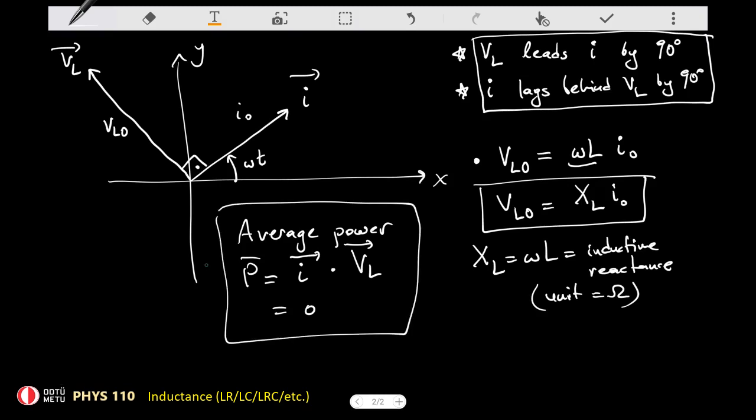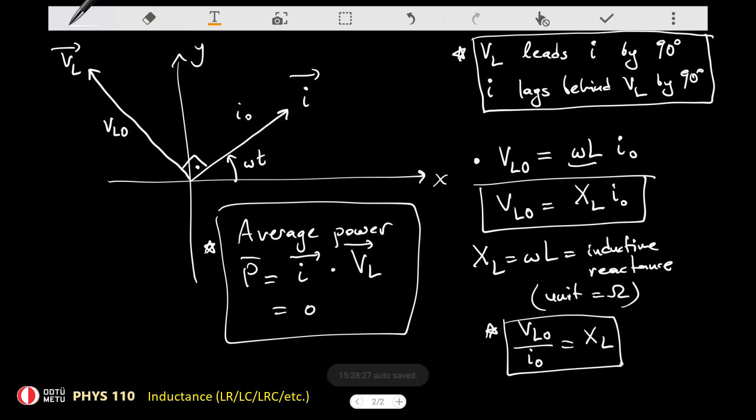All right, so as a result, again, these three important things. Let me raise this one star and move it in here. That's VL0 divided by the current. The ratio of the amplitudes of the potential difference and the current is the reactance.